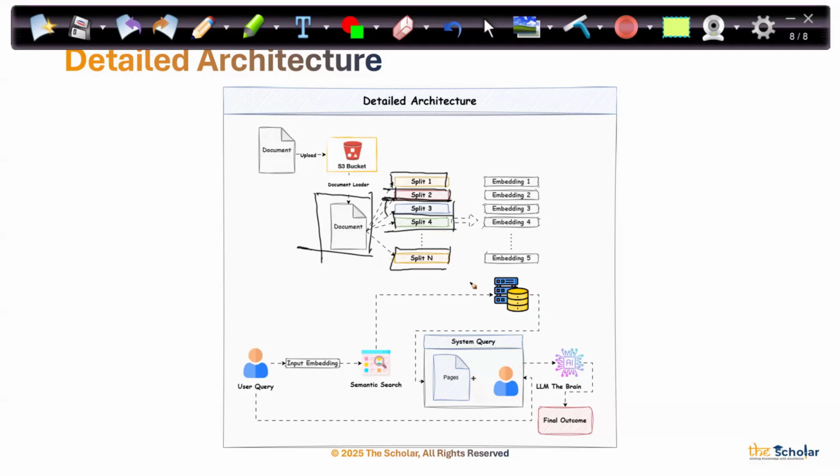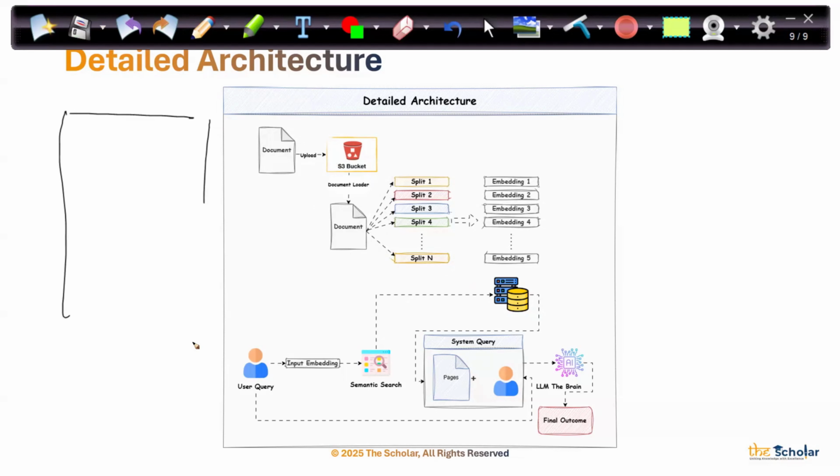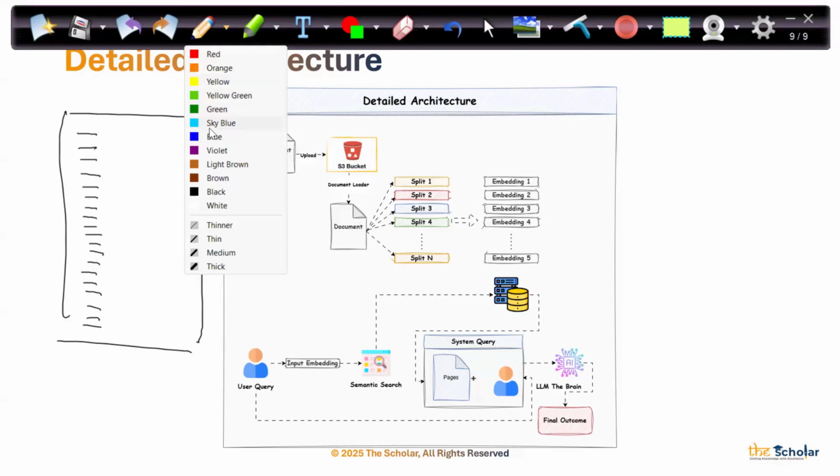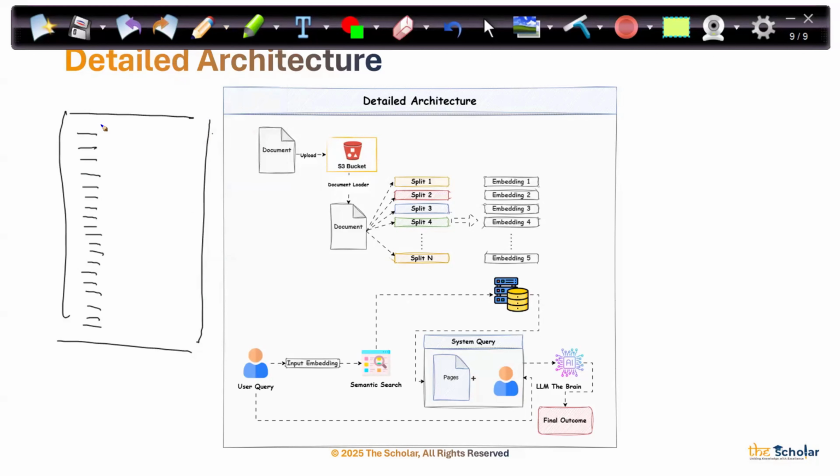As of now, the document is not that big, but when dealing with bigger documents, we split. Let's say I have a big document here with a lot of lines. Now the code which I have written will break this document into multiple splits.